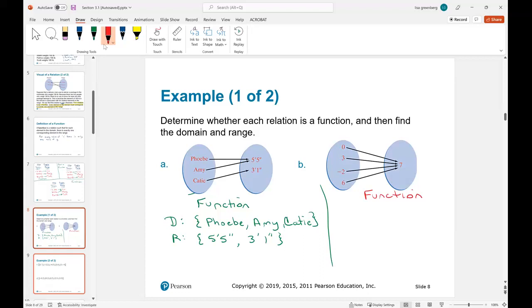Because if I ask you where 0 goes to, it goes to 7. 3 goes to 7. -2 goes to 7. 6 goes to, they all go to 7, but none of them goes to two different numbers. This is different numbers going to the same number. That's a little different, right? So the domain here is 0, 3, -2, and 6. And the range is just 7. And both of these are functions.